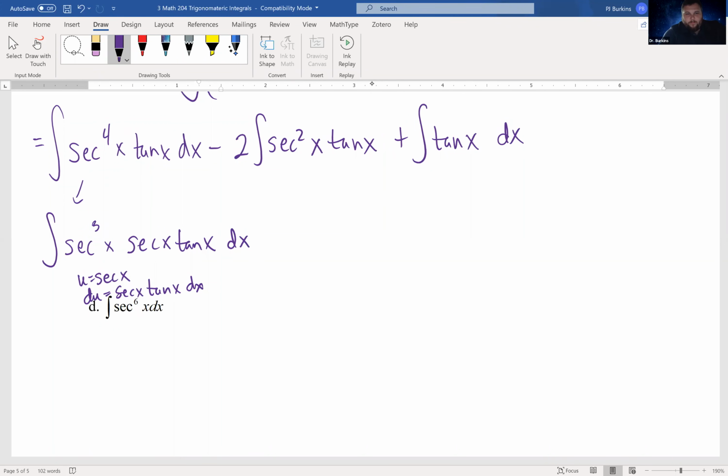The second one, I'm going to let, and this time let me use a different variable since I used u on the last one, and they're not the same. Let's just say a is tangent. Well, the derivative of tangent is secant squared.